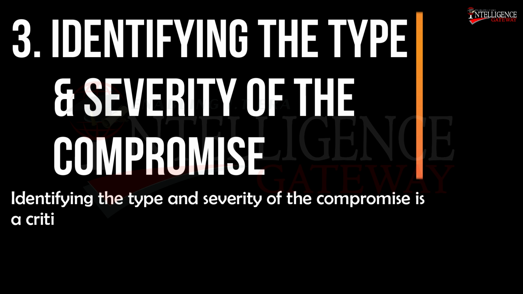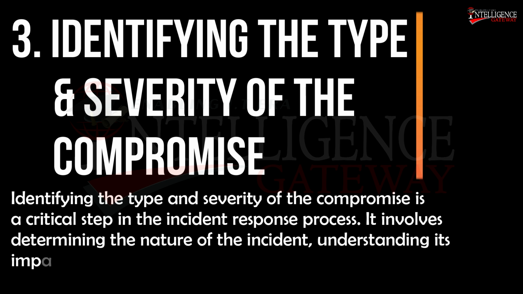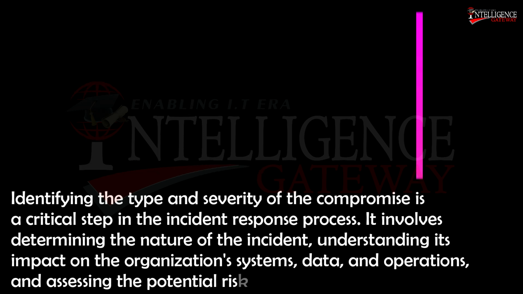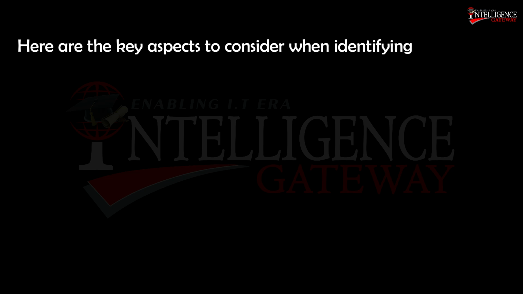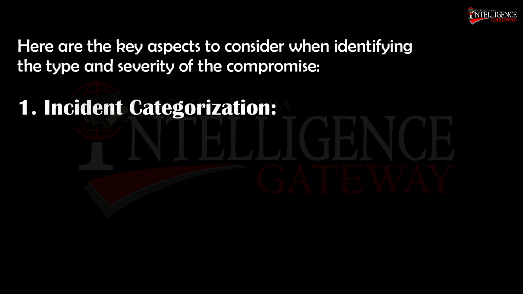Identifying the type and severity of the compromise is a critical step in the incident response process. It involves determining the nature of the incident, understanding its impact on the organization's systems, data, and operations, and assessing the potential risks involved. Here are the key aspects to consider. 1. Incident categorization.